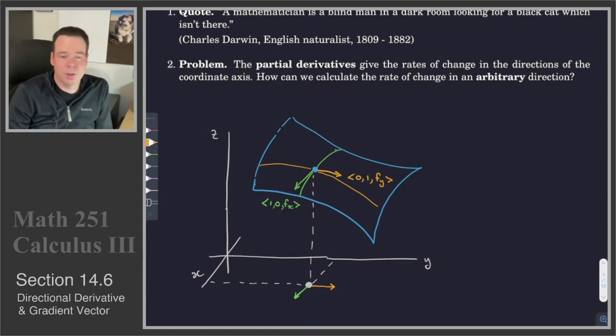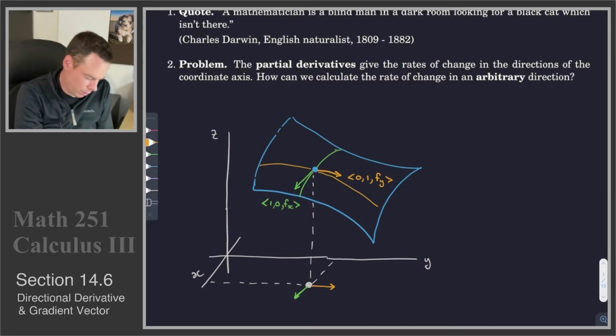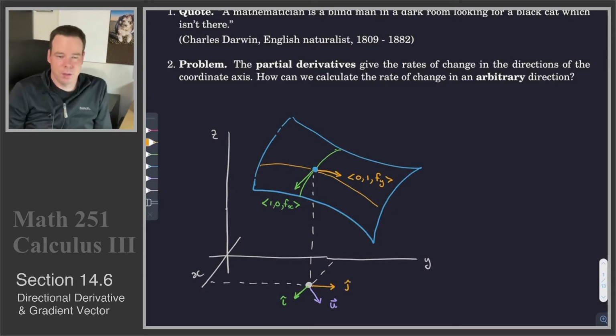Now we ask the question, what happens if we move in an arbitrary direction from this point? So for example, if I move in some direction u, we already know that if we move in the i hat direction or the j hat direction, our z value changes at a rate of either the x partial derivative or the y partial derivative.